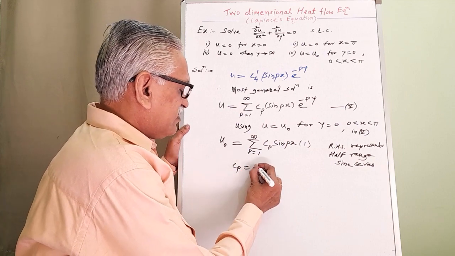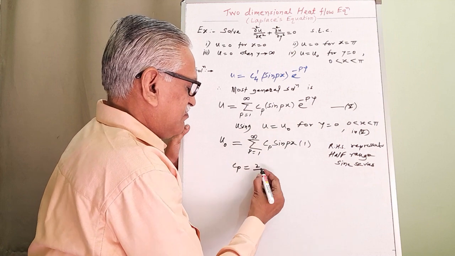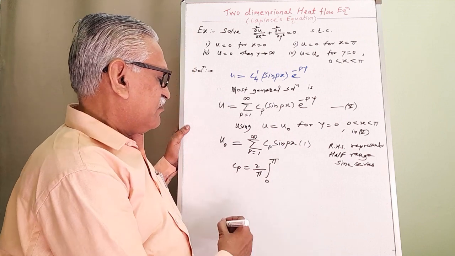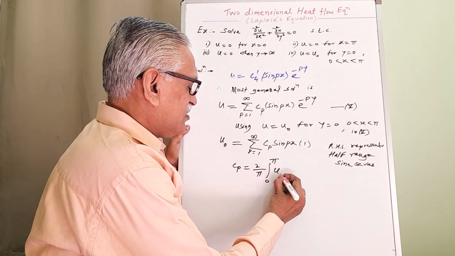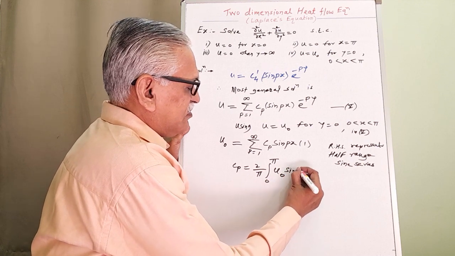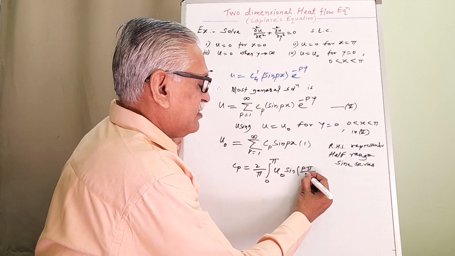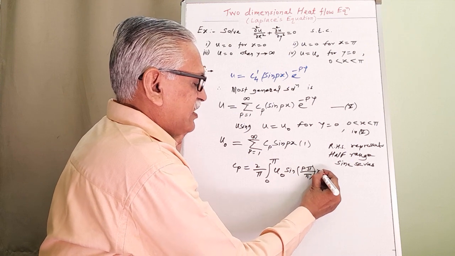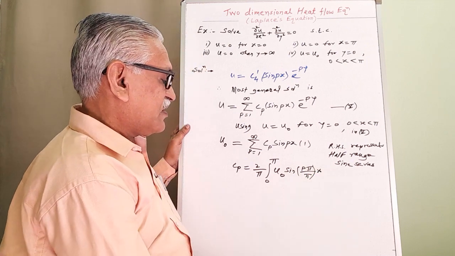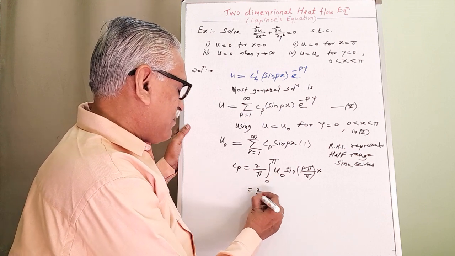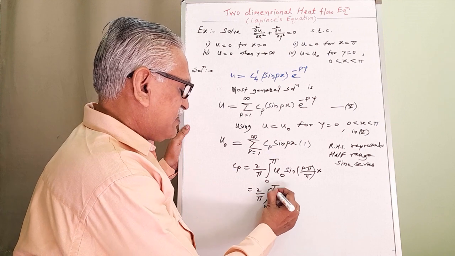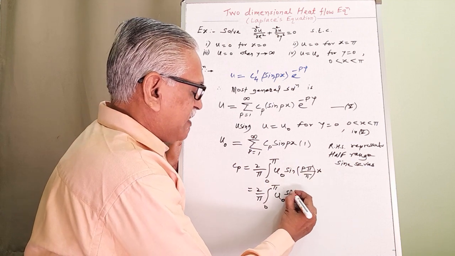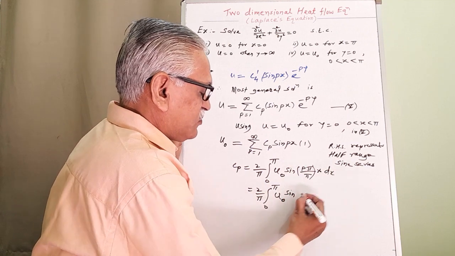It is given by 2 by L, L is here pi, integration from 0 to L, 0 to pi, f of x is u0 into sine of p pi by L. The value of L is here pi, therefore p pi by pi into x, and therefore that becomes 2 by pi, integration from 0 to pi, u0, pi gets cancelled, we get sine of px only, and its integration with respect to x.